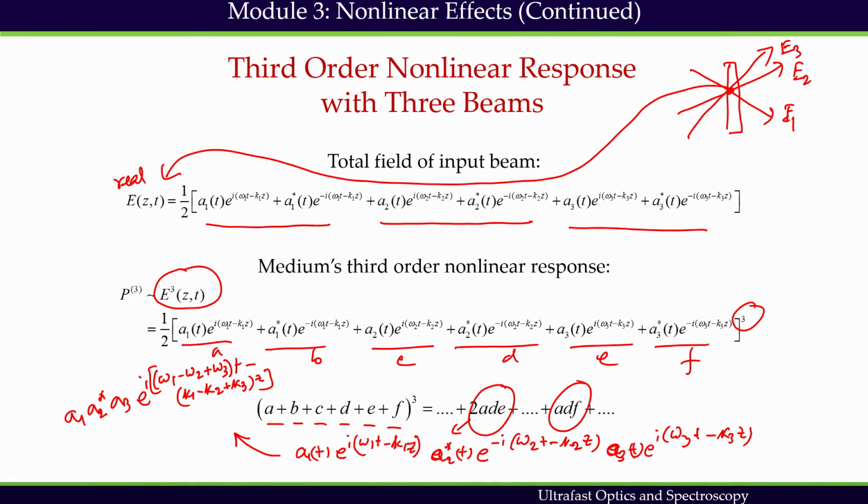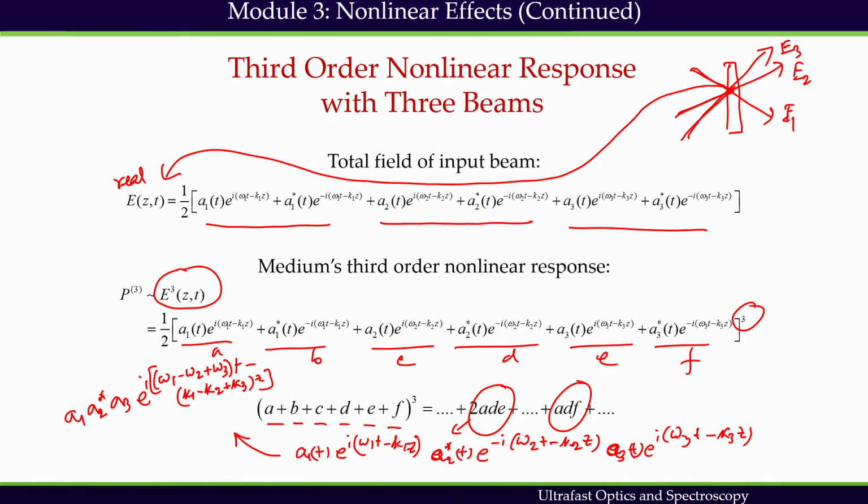This can be simplified. A very interesting variant of this term is obtained when we take three identical input beams. Let's say these three input beams are coming from the same input beam. So we can split an input beam and we can use three identical beams.